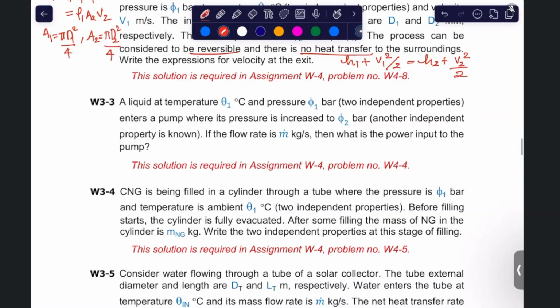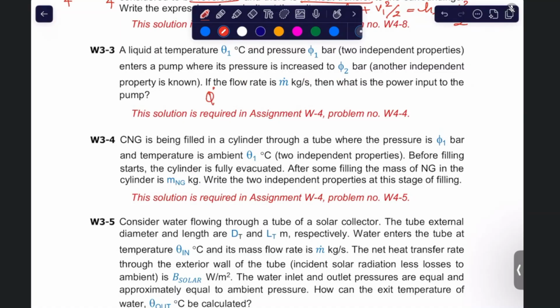It will be going like this. Just heat input and work, the difference between them is going to be the enthalpy change of the system. If we are assuming this is adiabatic, because temperature change is not said anywhere. For pump generally we will be assuming it is adiabatic, only the shaft work we will be considering.